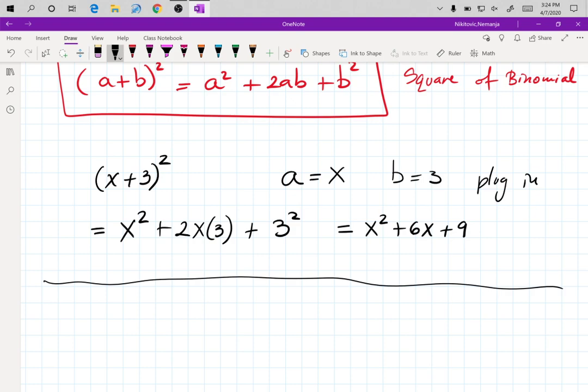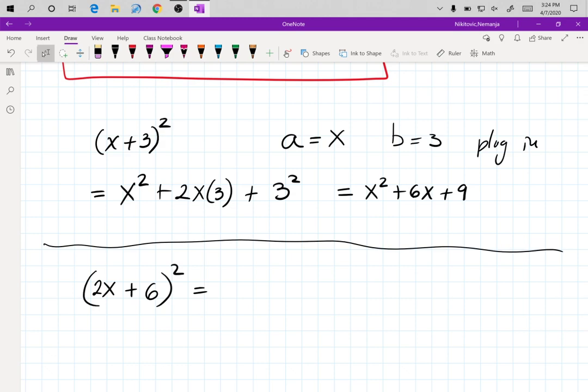Let's see. How about (2x plus 6) squared? I know that the formula I need is a squared plus 2ab plus b squared, and I know that my a is 2x and my b is 6.